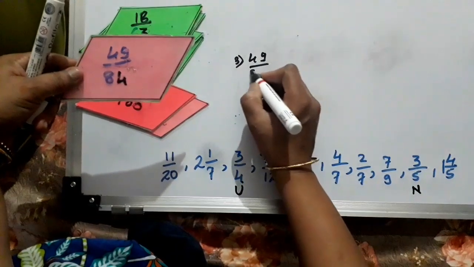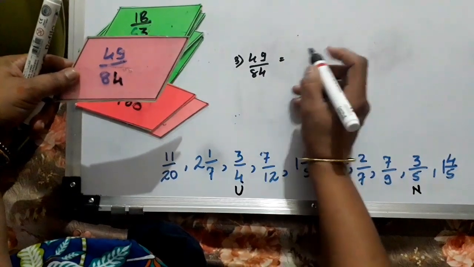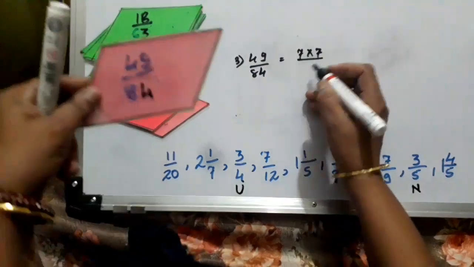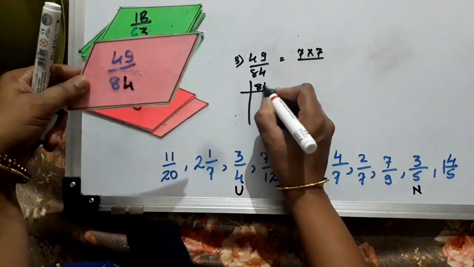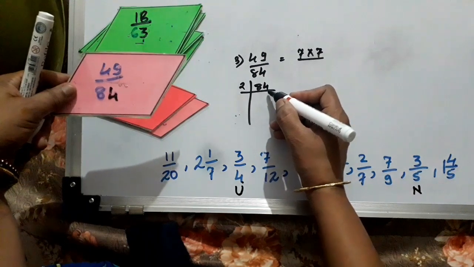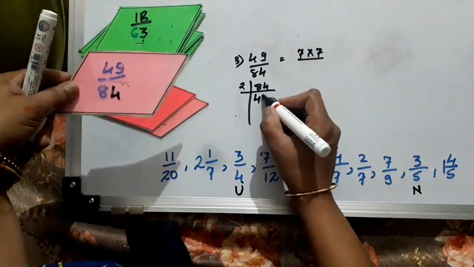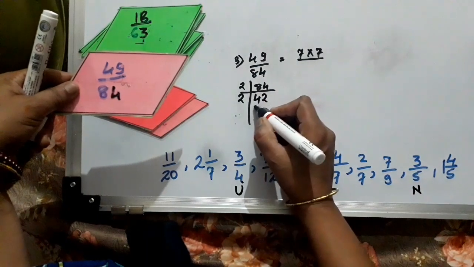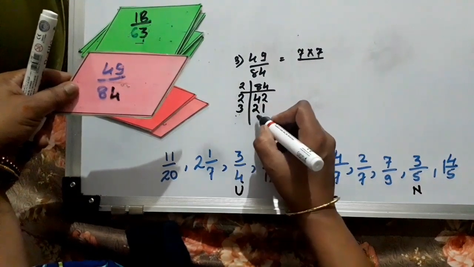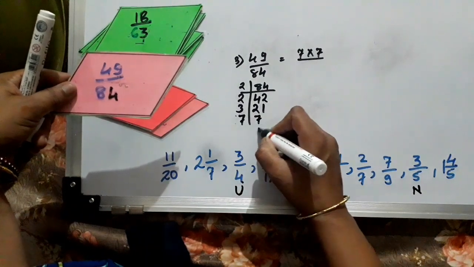We have 49 upon 84. Now 49, you know that 7 7s are 49. Now for 84 we will prime factorize. Divisible by 2 because the number is even. 2 42s are 84, 2 21s are 42, and 21 is divisible by 3, 3 7s are 21, 7 1s are 7.